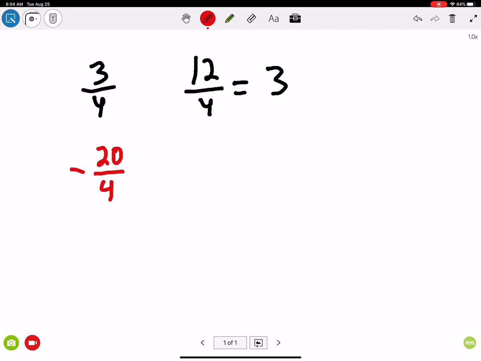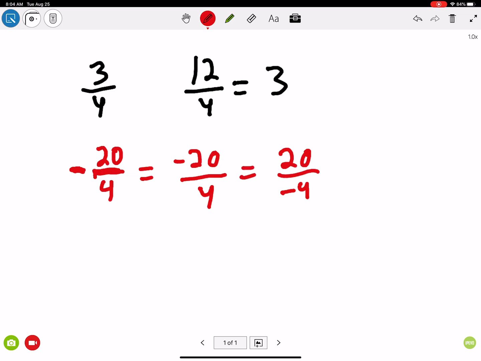It doesn't matter. What I want you to understand is whether I write it this way, where the negative symbol is right in the middle next to the fraction bar, or if I write it as negative 20 over 4, or if I write it as 20 over negative 4, these all mean the same thing. These are all equivalent to each other.